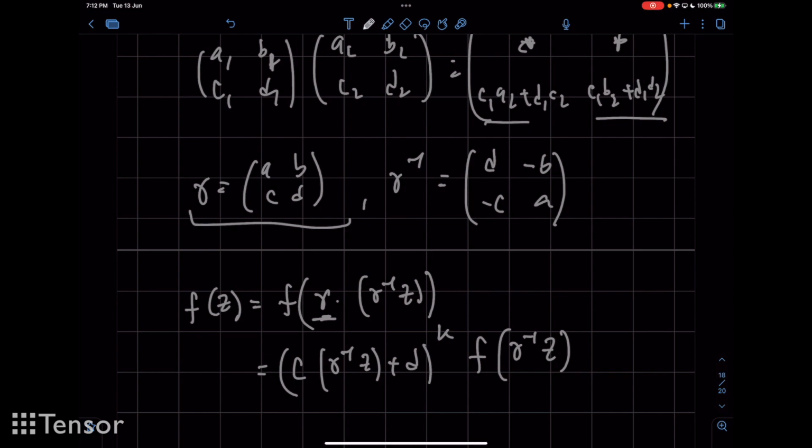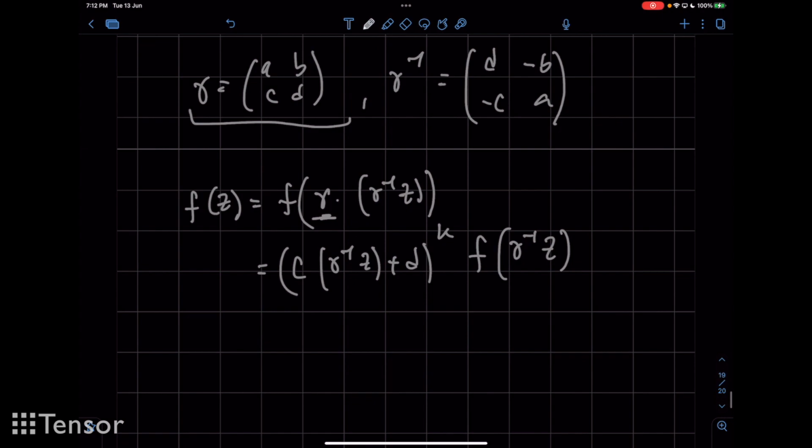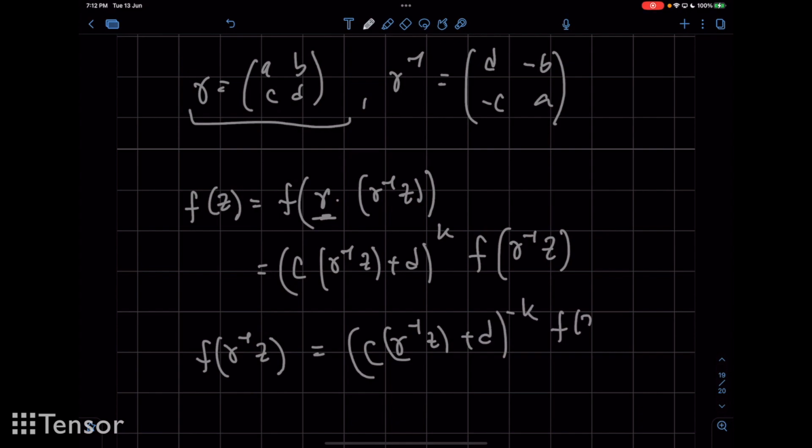Yeah, I think so. Then we have that F of gamma inverse Z is equal to C gamma inverse Z plus D to the power minus K F of Z. Right.